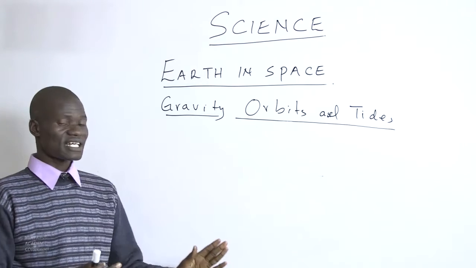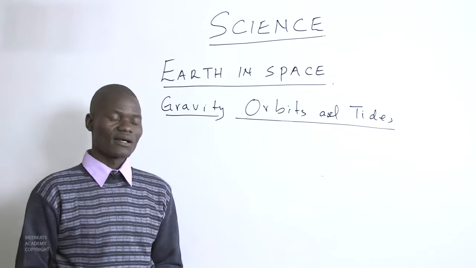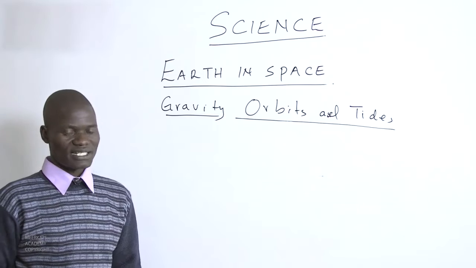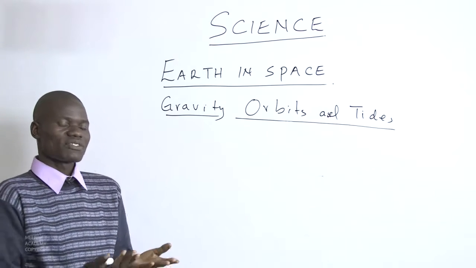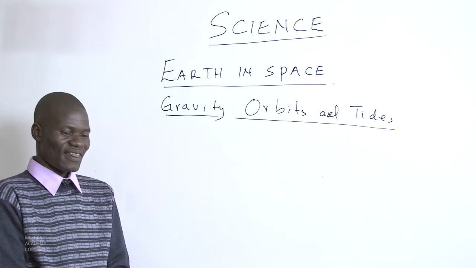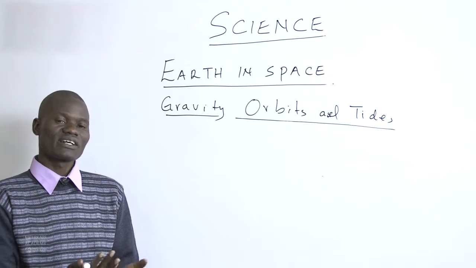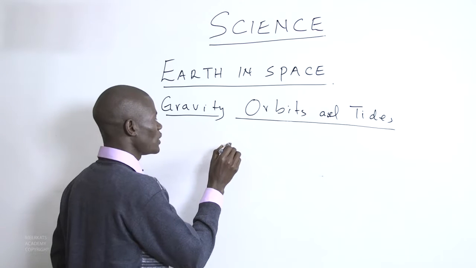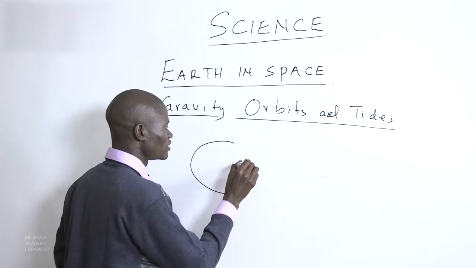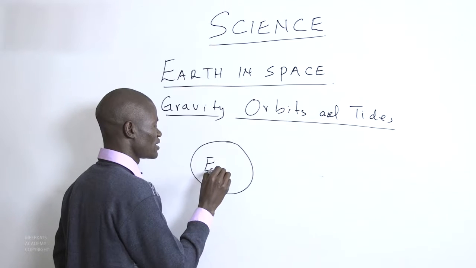We have seen the distance between the Earth and the Sun. That distance is the one that subjects planet Earth to the field of gravitational force. Therefore, this force will always work on the Earth.